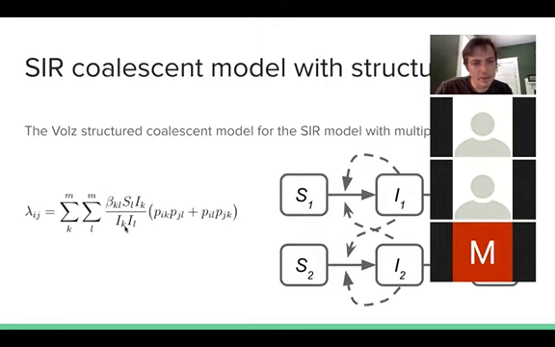What we see here is that the overall rate at which transmission events occur is beta S I, and we've replaced the generic population sizes with the number of infected individuals in populations K and L. So again, this denominator here is giving us the total number of lineages that could have coalesced at a given transmission event.